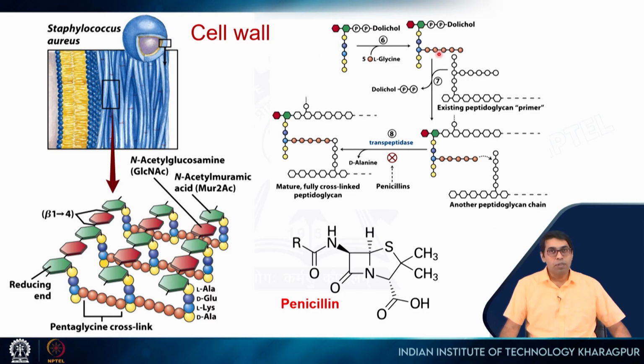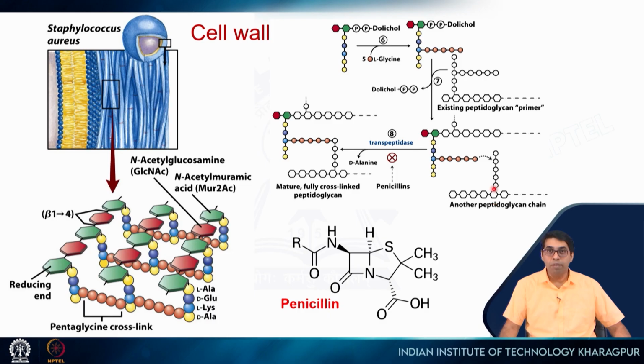There is a whole biosynthetic pathway by which the cell wall is synthesized. I will focus only on the last part. What we have is this polysaccharide chain, shown here. From there, this is hanging out, and this is the pentaglycine.